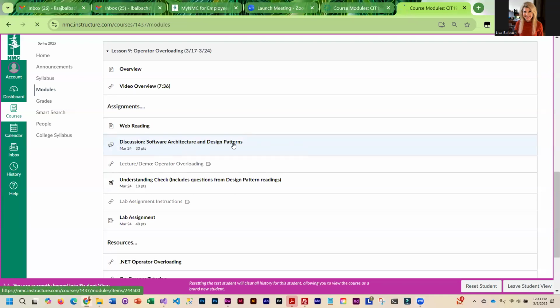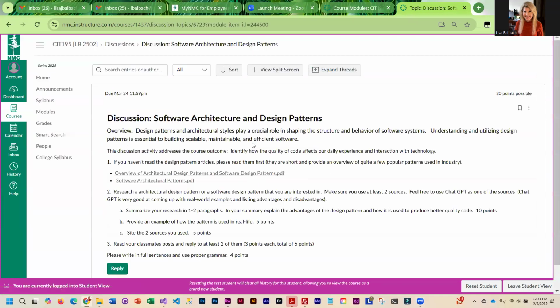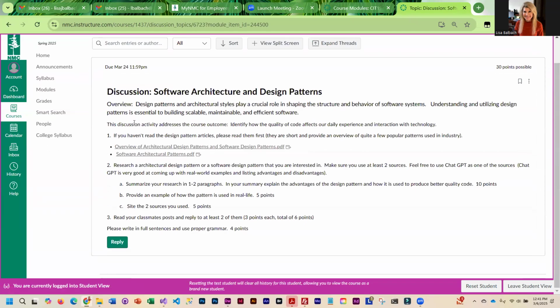So for the discussion, this is actually meeting one of our outcomes for the course. It addresses how to identify quality code that affects our daily experience and interaction with technology.